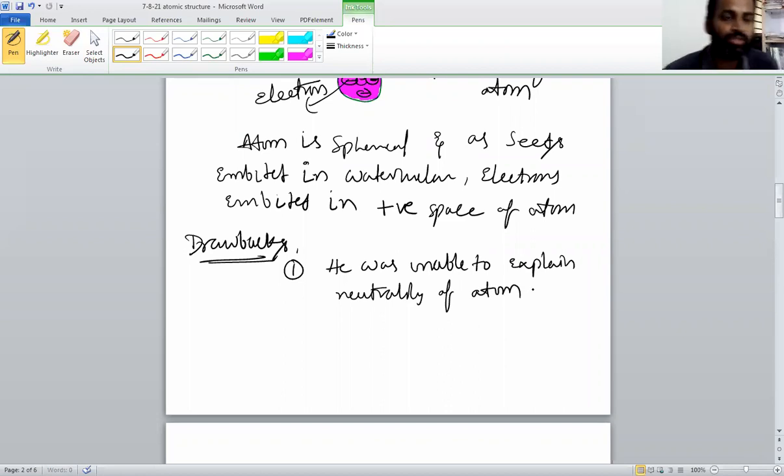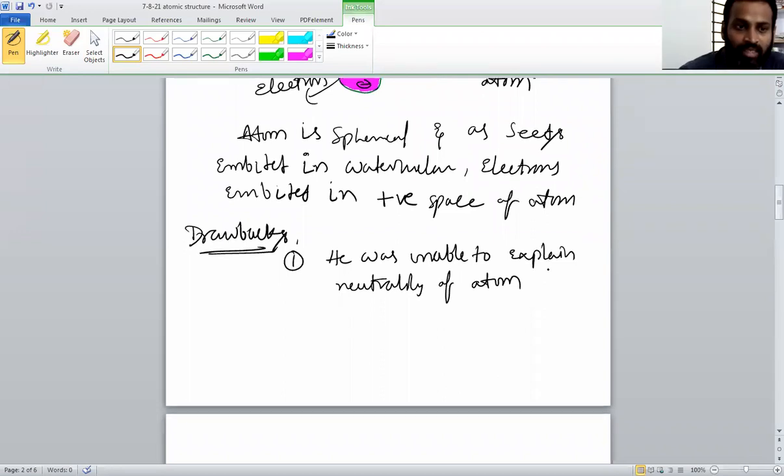According to this J.J. Thomson atomic model, the atom is unstable because electrons are present in a positive space. The electrons definitely have some repulsions. So how can the repulsions be overcome? He was unable to explain that, so he was unable to explain the neutrality of the atom.